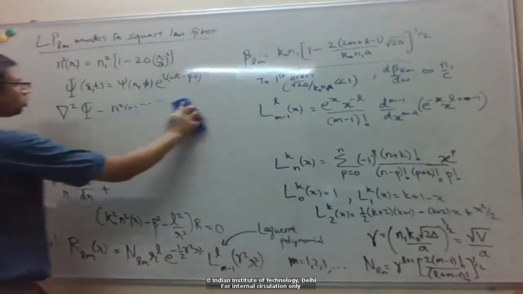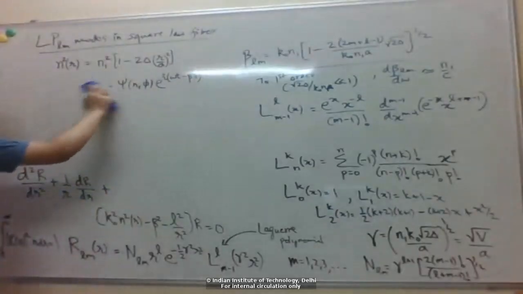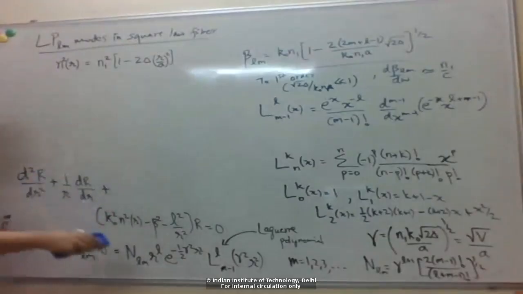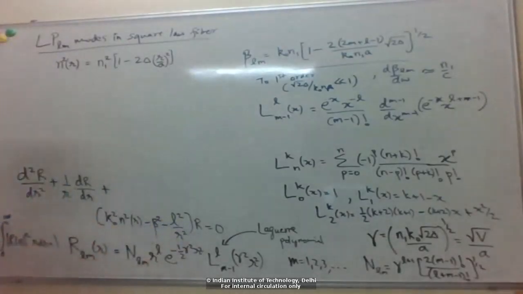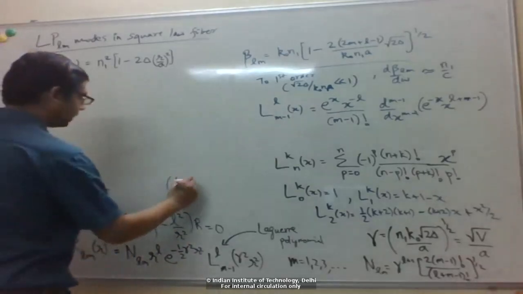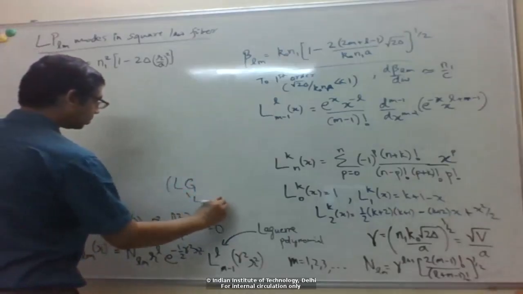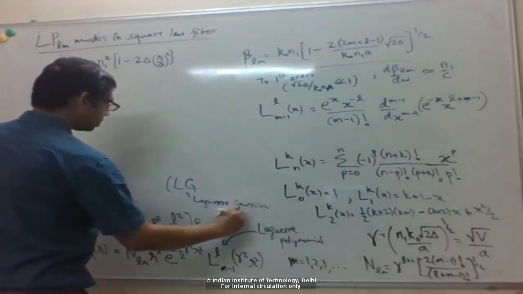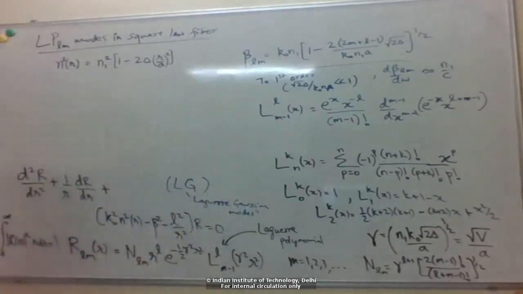The mode profiles will look very similar to the LP modes for a step index fiber, except that the exact radial dependence, the function, is different. There we had Bessel functions, here we have Laguerre-Gaussian functions, sometimes called LG modes.